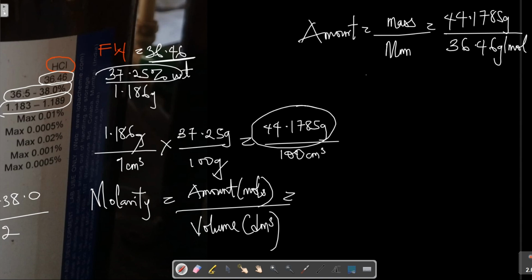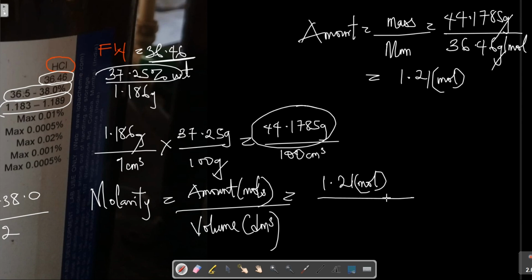So dividing this gives you approximately 1.21. So our amount here is 1.21 mole. Take note, grams cancel grams. So over the volume, converting 100 cm cube to dm cube, we have 0.1 dm cube or liter. So when you divide these together, you have 12.1 molar.